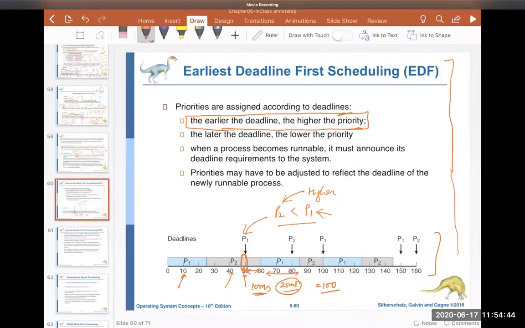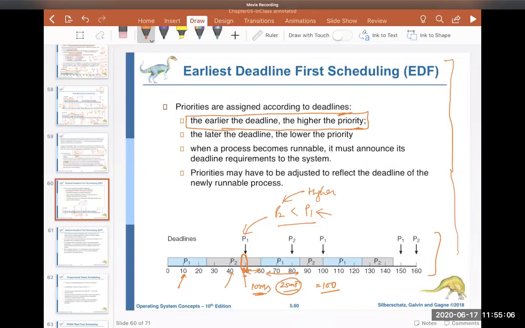It's dynamic because it checks which process's deadline is closest, and the closer the deadline, the higher the priority. So this is a dynamic priority, because we never know what the priority will be at runtime. Your RM is basically static priority.